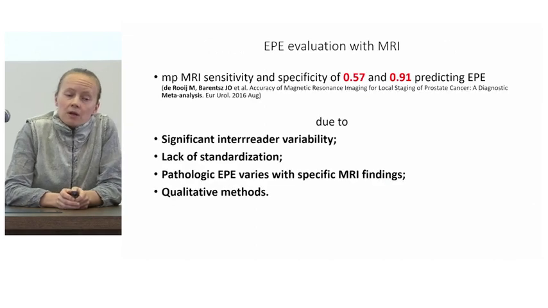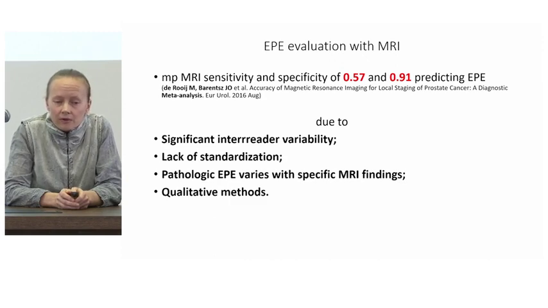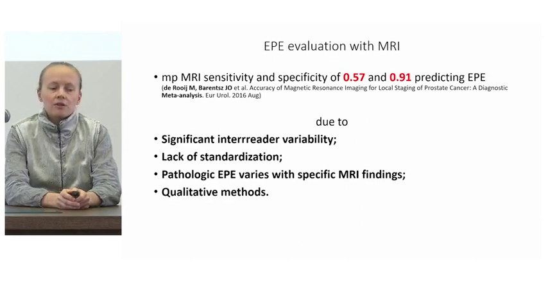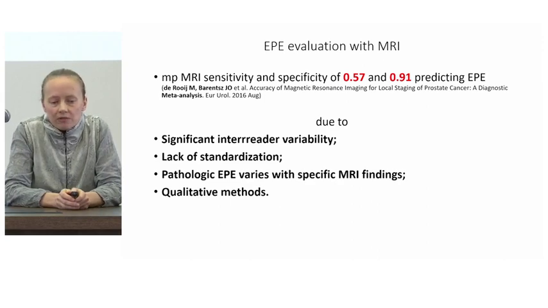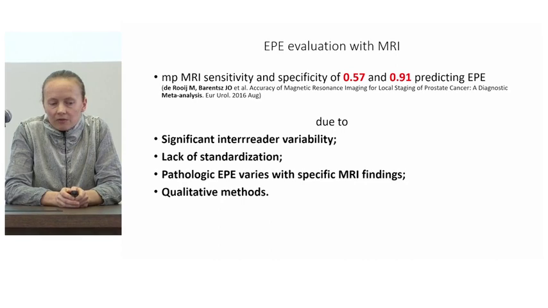But MRI for evaluation of EPE has well-known limitations, and its sensitivity is bad, as you may see here. This occurs due to some factors like significant inter-reader variability, lack of standardization, and pathologic EPE varies with specific MRI findings, and also we use only qualitative methods so far.